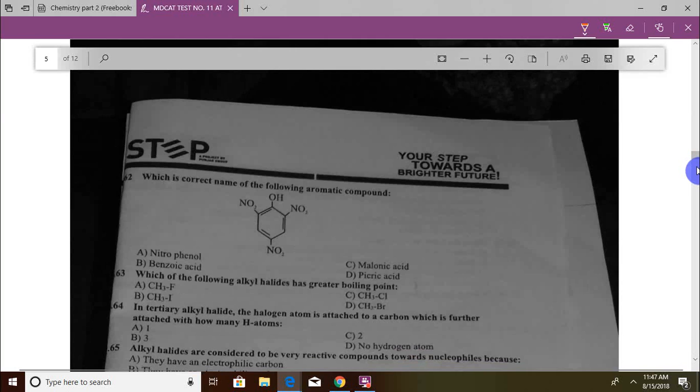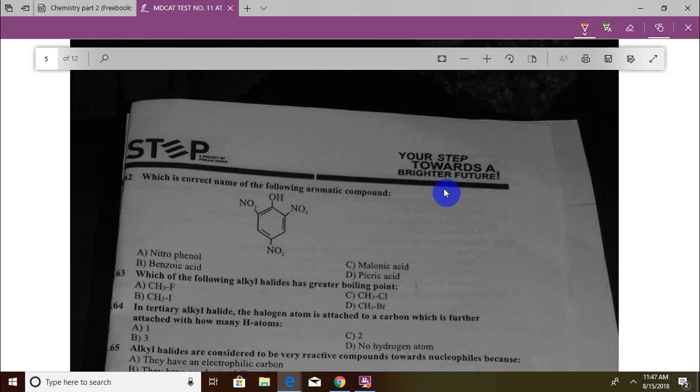So what is the correct name of the following aromatic? And here's the tough part coming up, because this is a common name. So we do know what it is called. We know this is a phenol, so the base name is phenol because that is the important part. And then we have attachments at these points. So it's 2,4,6-trinitrophenol, but what's it called colloquially? Nitrophenol? Nope. Benzoic acid? Obviously not, because that simply has a C double bond OH attachment.